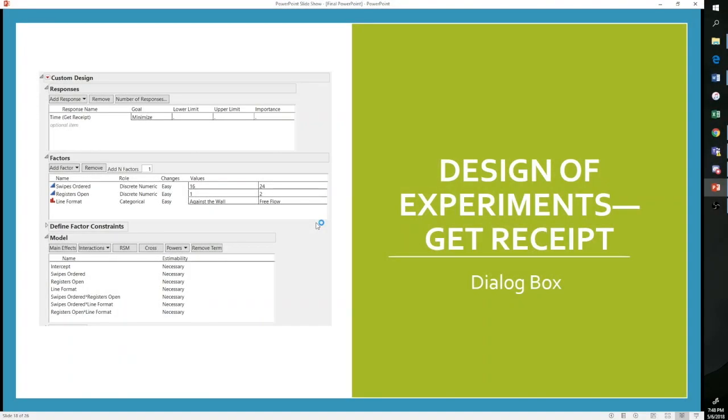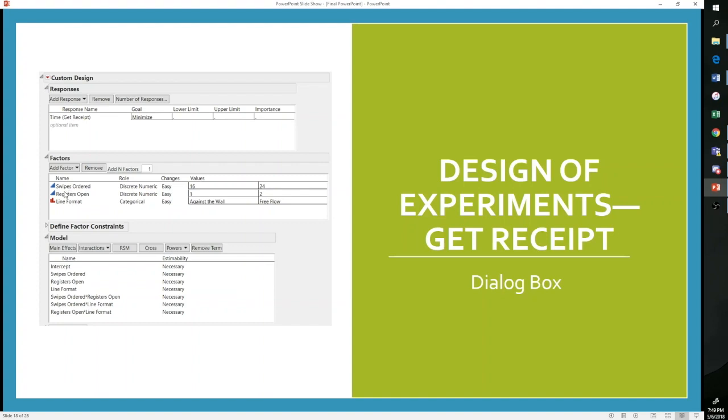Moving on to the final portion of this section, we'll be looking at design of experiments, and the first experiment is going to be the time to get receipt, and that is going to be the response. So you can see here the time to get receipt, and the goal is to minimize it. And we have 3 factors, 2 continuous and 1 categorical.